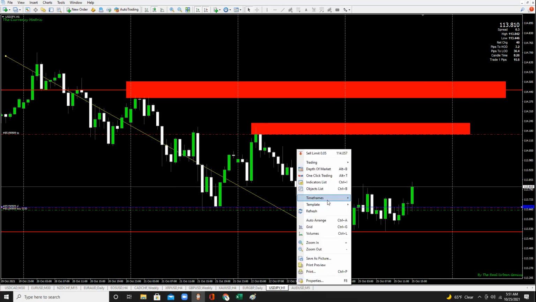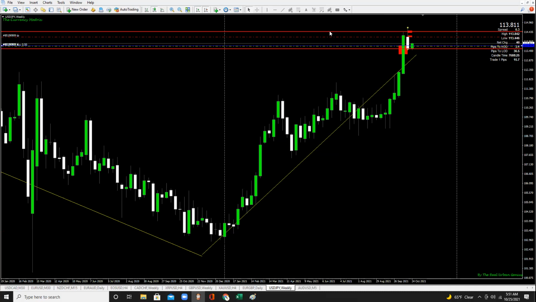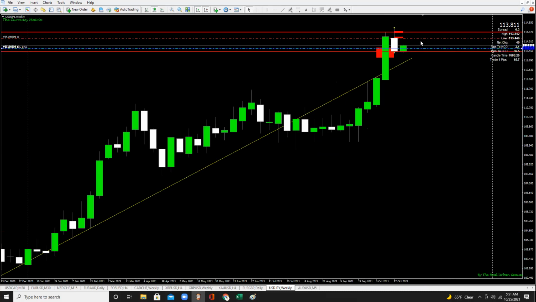And if we look at a higher time frame, looking here at the weekly, there are targets here. That makes sense? Good to go on that? That's USD/JPY there. Now let's go take a look at Euro.